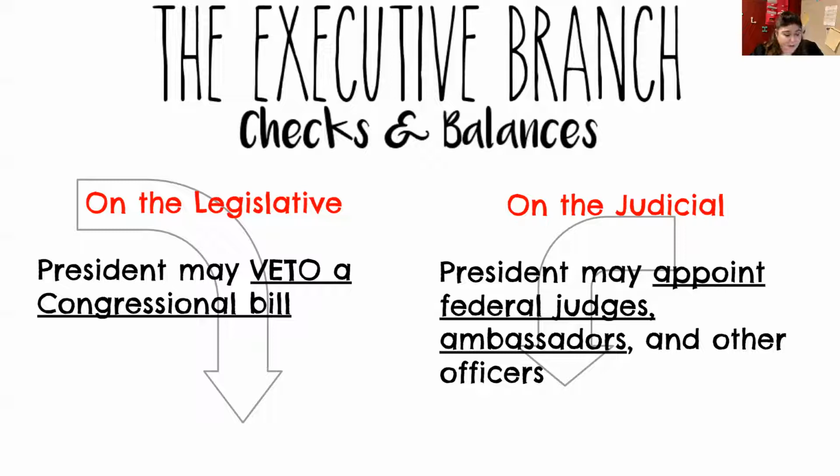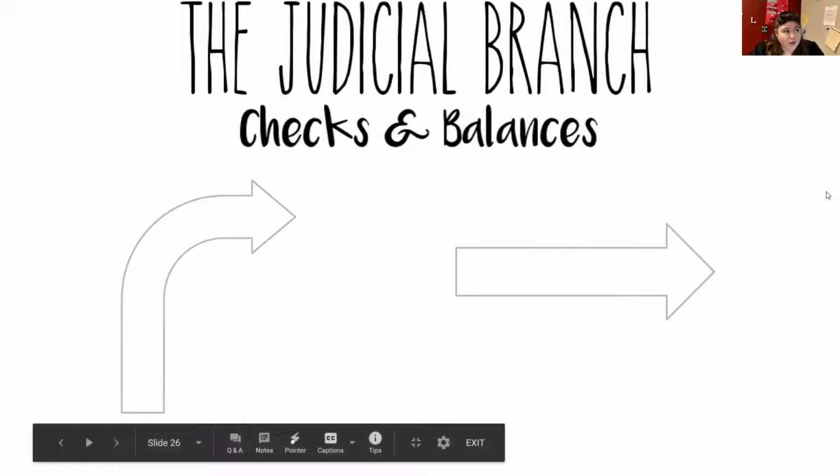An ambassador is someone who represents the country inside other states. For example, you can be an ambassador to Syria, which is a really big hotspot right now, looking at how the U.S. is represented. So that's how the executive branch helps limit the power of the judicial branch.